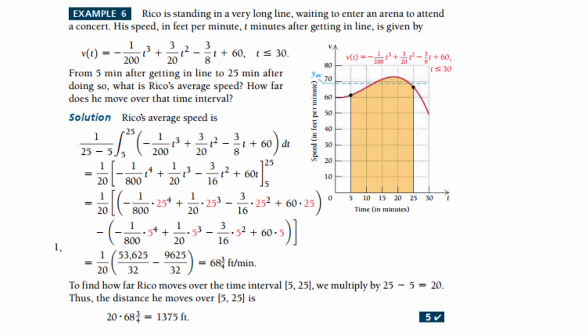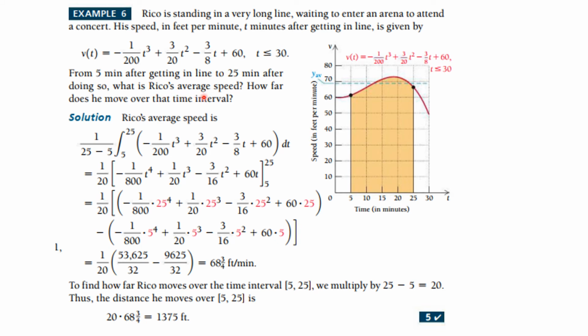And there are other applications. This is about someone who's standing in line for a long time, waiting. His speed in feet per minute varies over time, so his velocity as a function of time is given by this, for t from 0 to 30 minutes. What's his average speed from 5 minutes after getting in line to 25 minutes after?